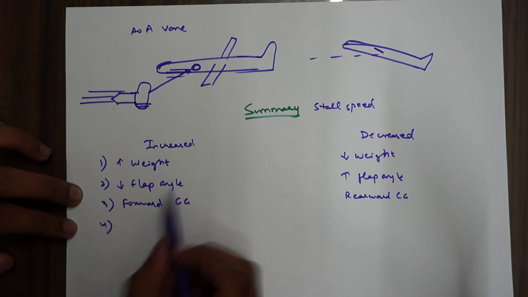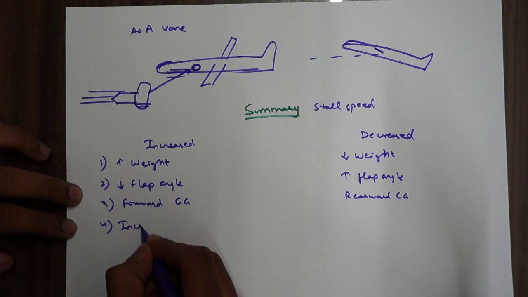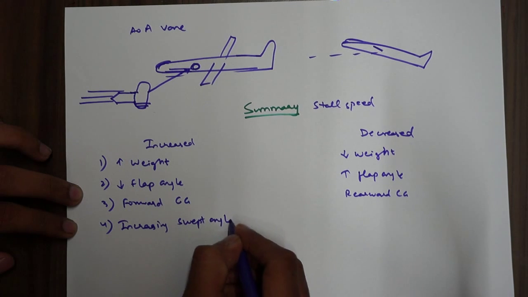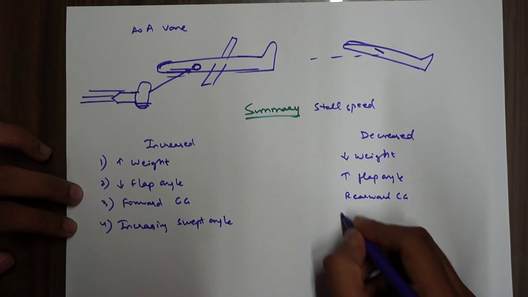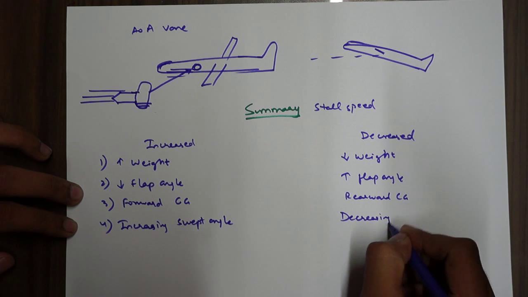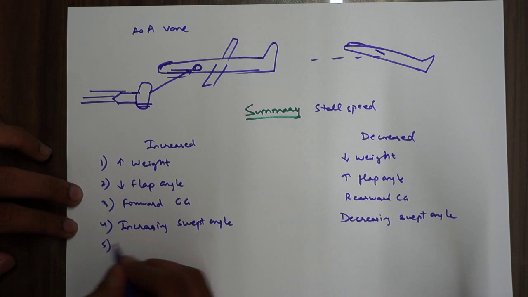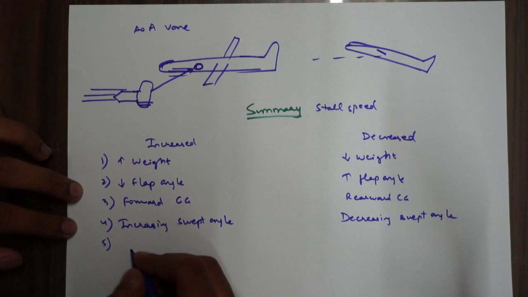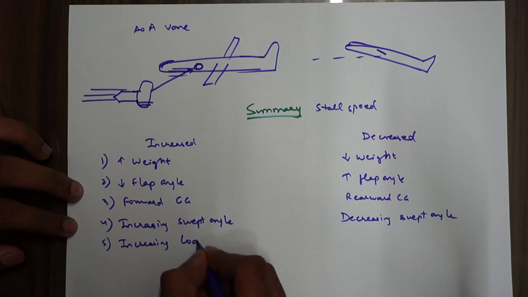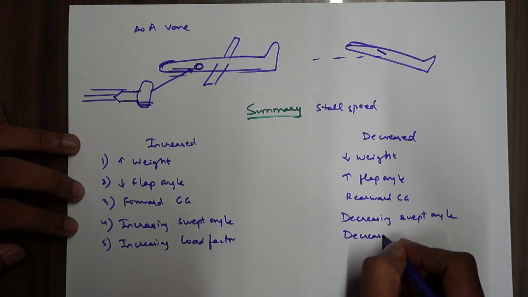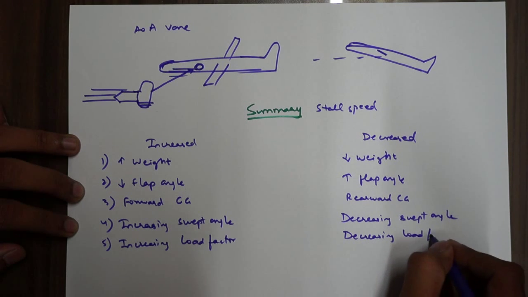Then stall speed will increase with increasing swept angle, and it will decrease with decreasing swept angle. Stall speed will increase with increasing load factor, and decrease with decreasing load factor.